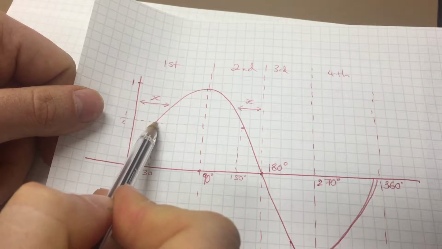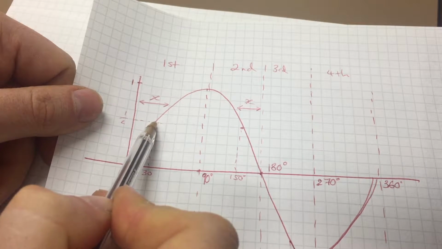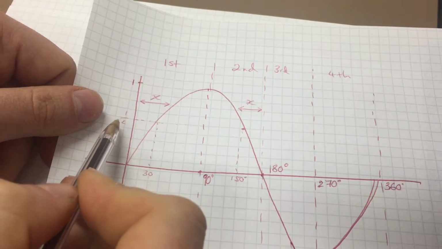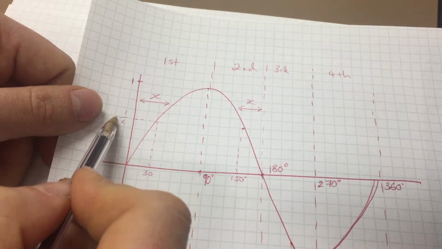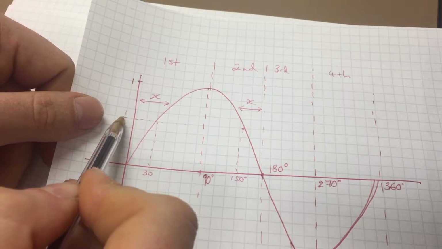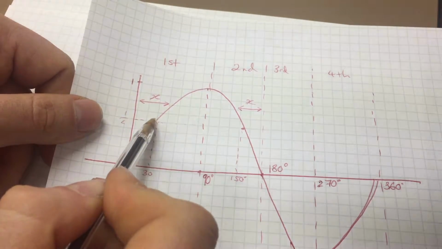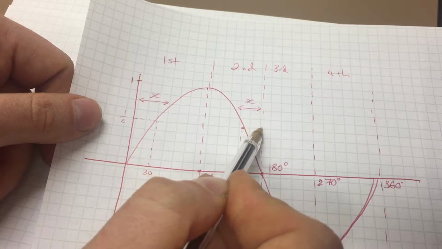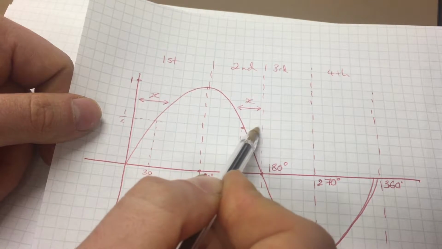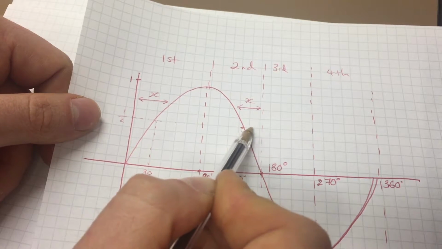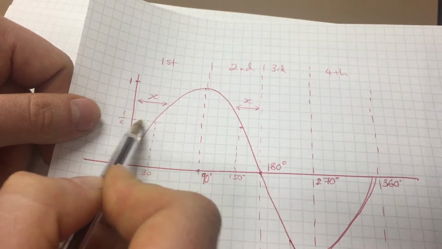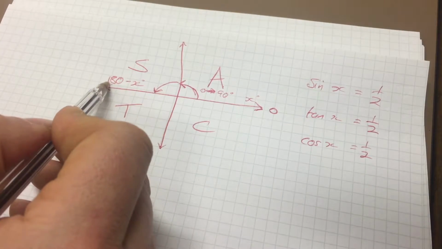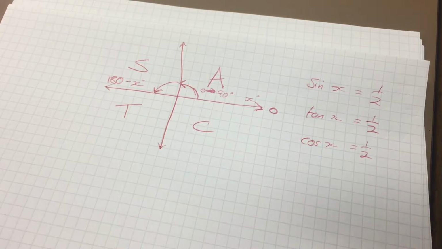My curve here is x degrees away from the x-axis. If I put the inverse of sin half into my calculator, I'll get 30 degrees along. But it's also 30 degrees short of 180, because it's the same distance. This is the same distance as this is. So my second answer is worked out by doing 180 take away x.